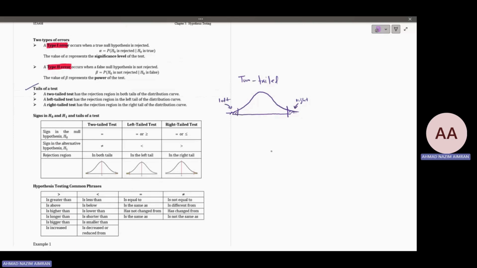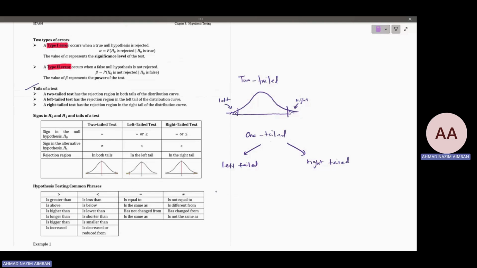And one more is the one-tail test. The one-tail test is divided into two. The first one is the left tail test, and the other one is the right tail test.